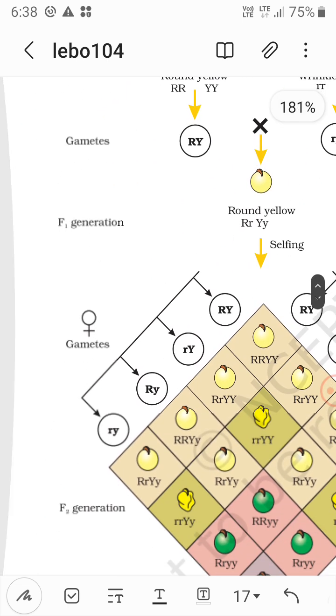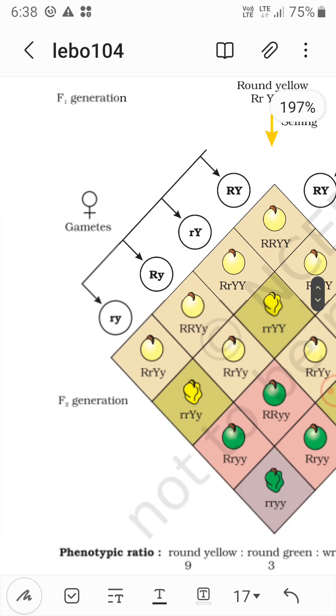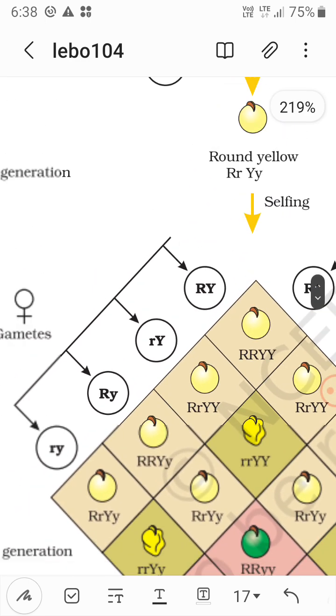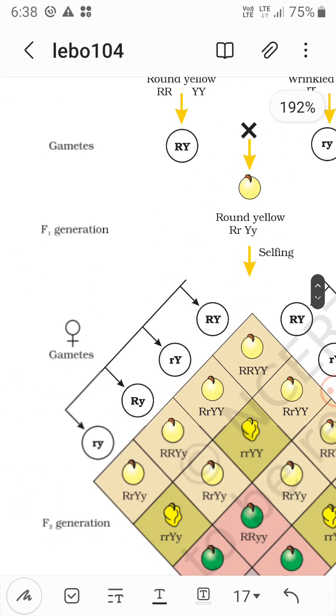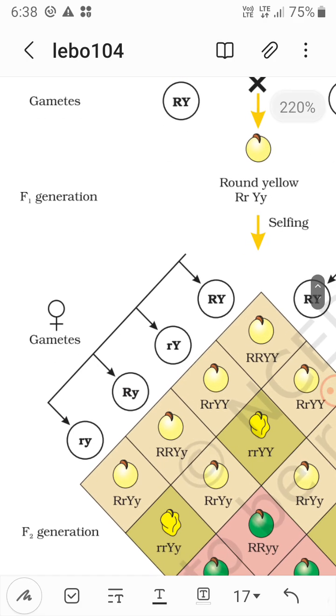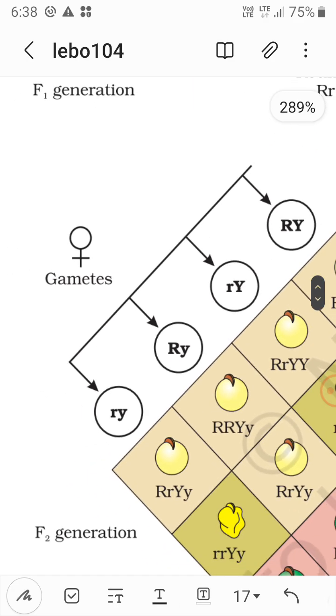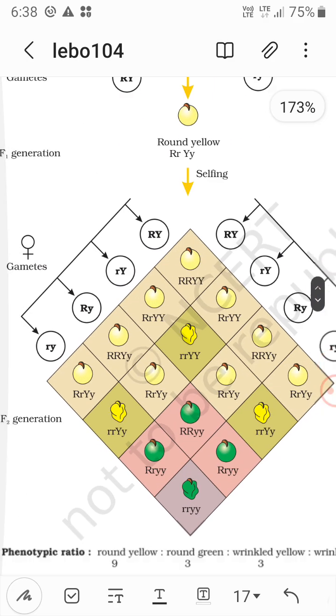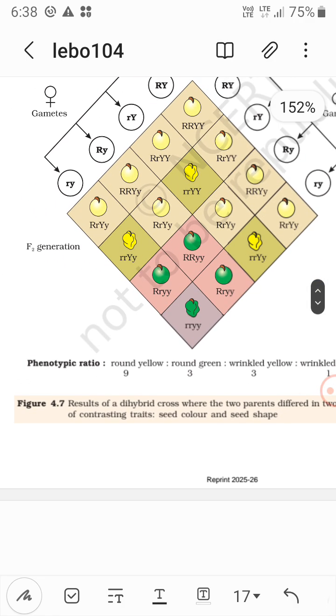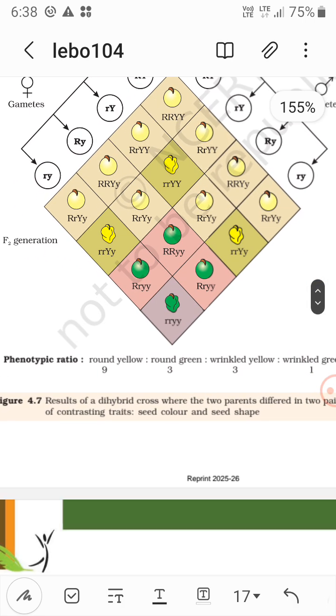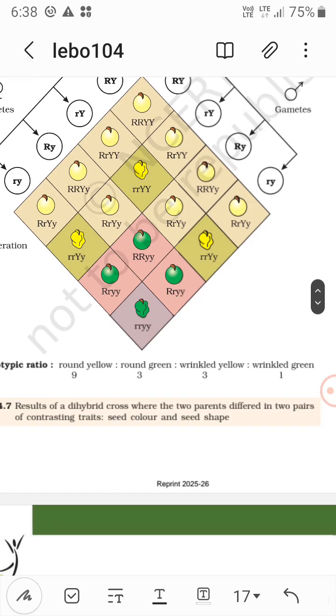So now after the selfing, at the F2 generation, as you see, what are the gametes? Capital Y, capital R, small y, small r, and so on. These are the same, as you can see. So the phenotypic ratio can be round yellow, round green, wrinkle yellow, wrinkle green.